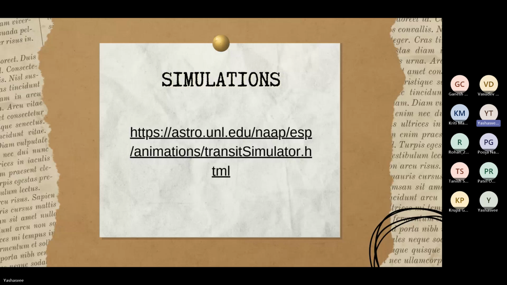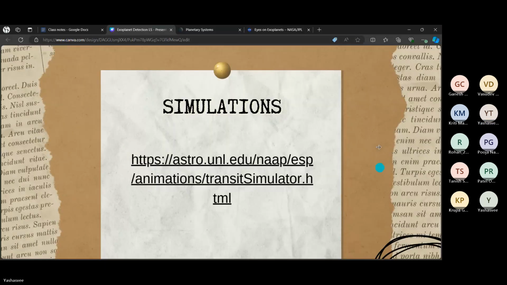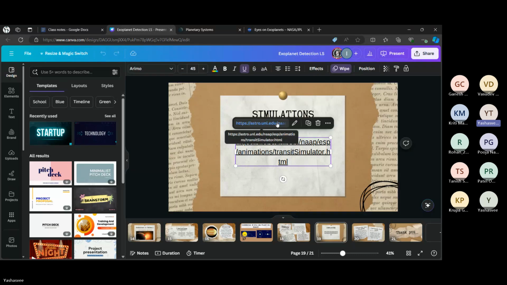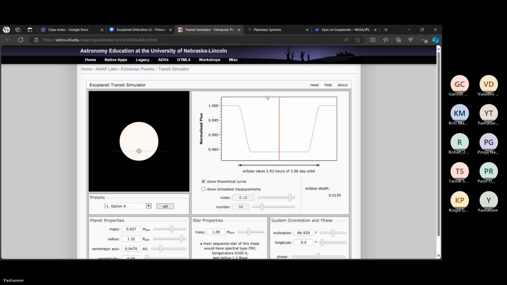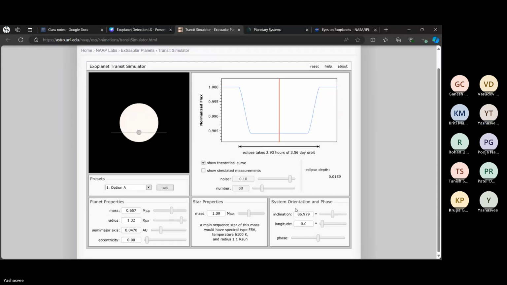So now to better understand this, we have a simulation over here. You can see here that we have a planetary system.